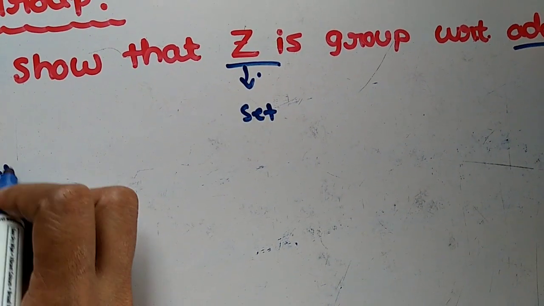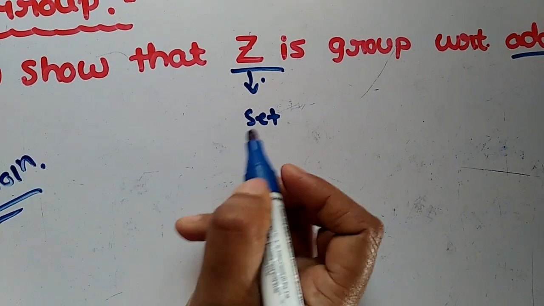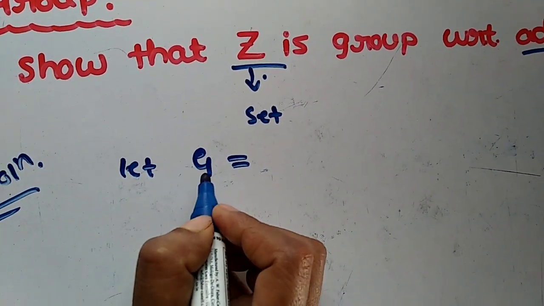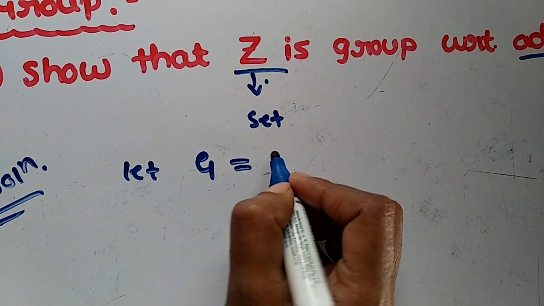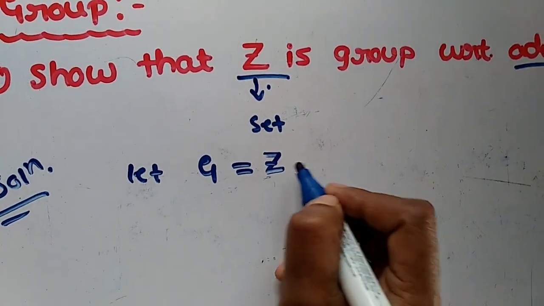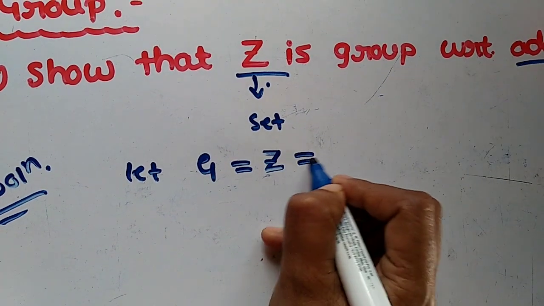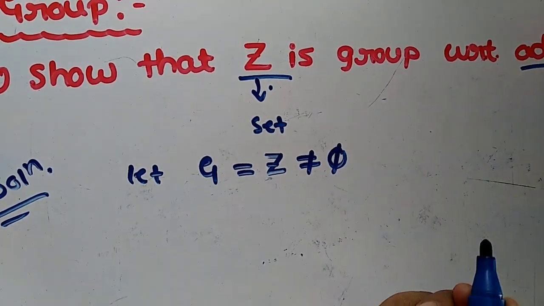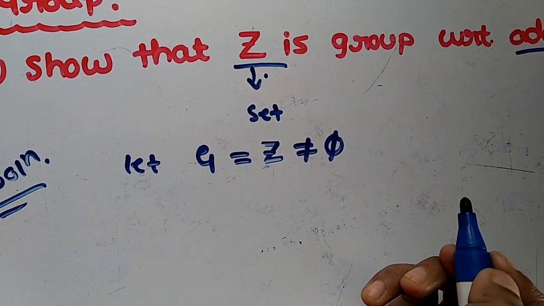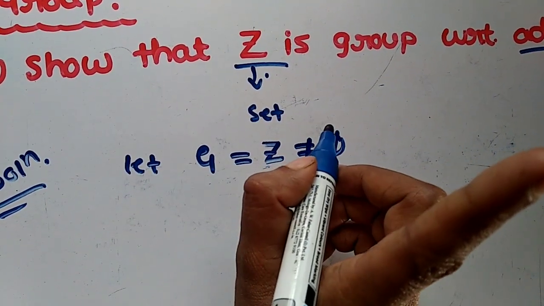What is given? Let G be any non-empty set. Here our G is nothing but Z, any integer. Of course, this is non-empty. Non-empty means it has to contain at least one element.